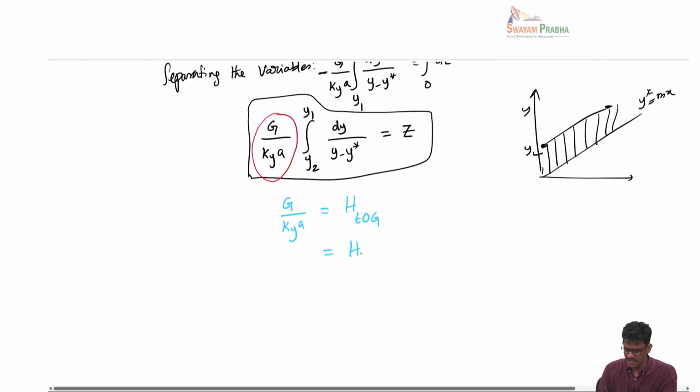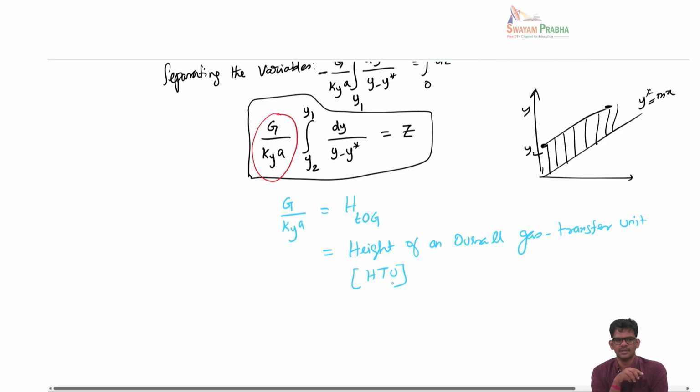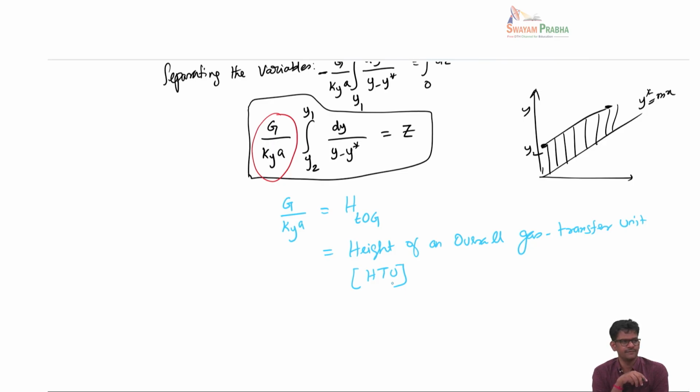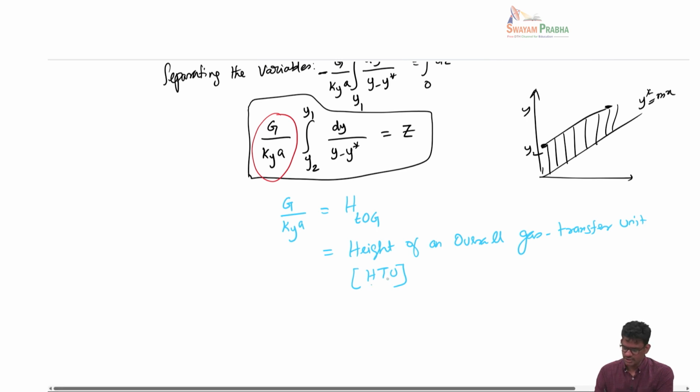This means height of an overall gas transfer unit, or in short it is known as HTU, height of the overall gas transfer unit. HTU means height of the transfer unit, but since this is based on the overall gas phase coefficient, we add this extra term, overall gas transfer.